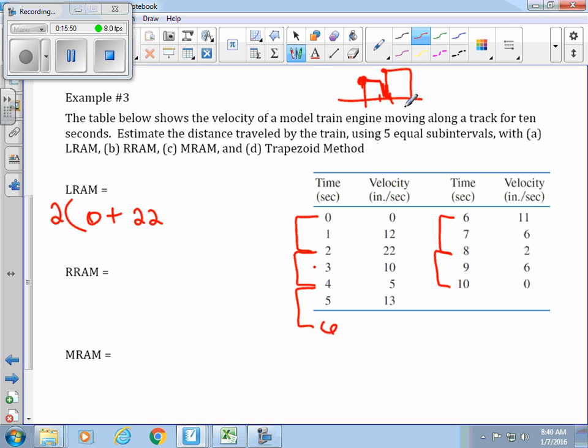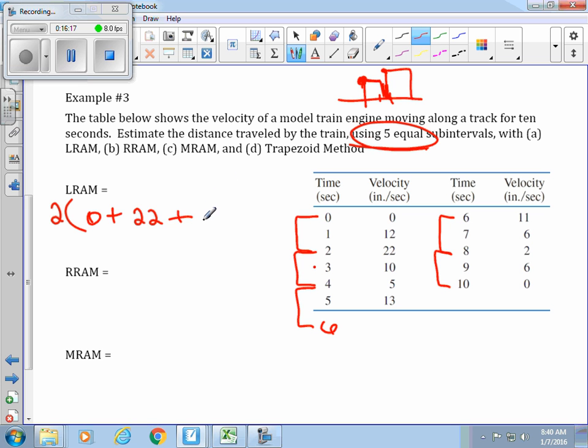Does that make sense? Now notice I skipped the 1 because they told me 5 subintervals. If they had said 10 subintervals, I'd do 0 to 1, 1 to 2. So I took my interval and divided it by 5 to see how far over to go. Does that make sense? Okay.